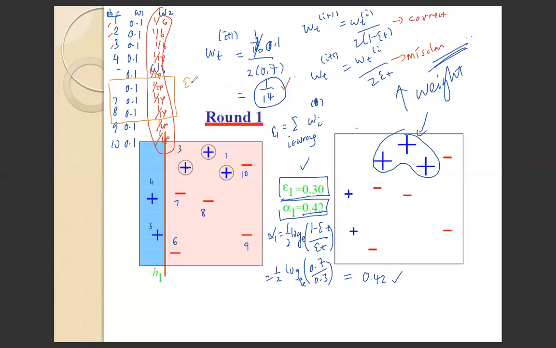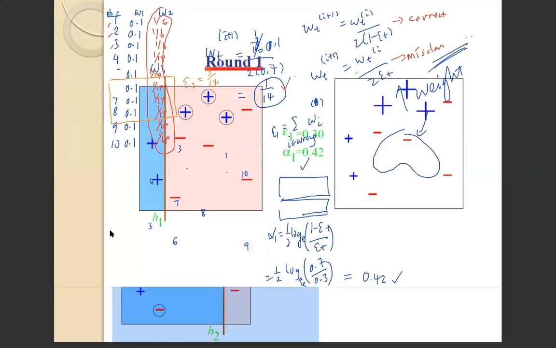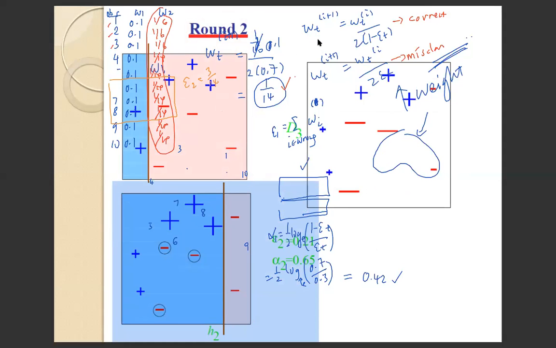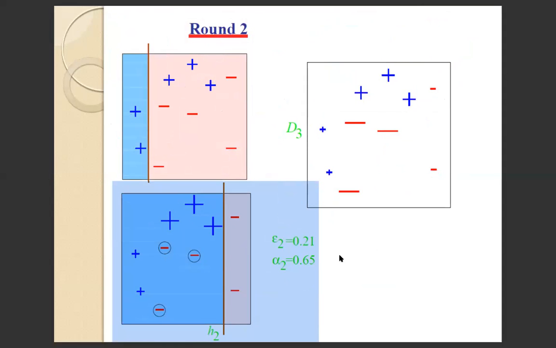So the error rate, epsilon 2, you sum these three, so 3 out of 14, right? 3 out of 14 is 0.21, right? And then you can plug 0.21 into the formula for alpha, then you will get 0.65, okay?